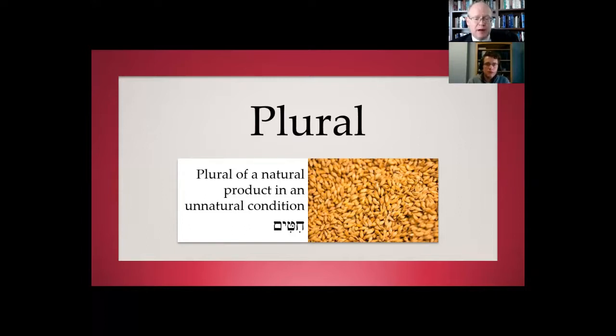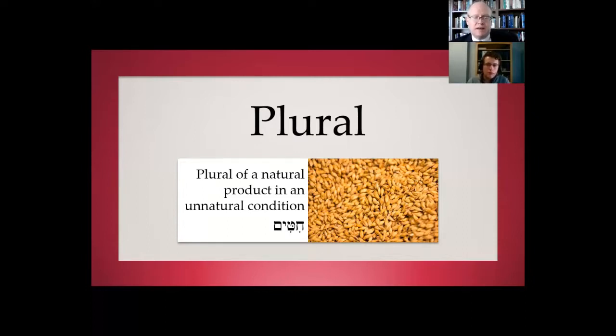So think of wheat. Where does wheat occur naturally? Well, it occurs naturally attached to a stalk in the field. When wheat is harvested and removed from the stalk, then each of those kernels is aggregated, and that aggregate product of all the individual kernels is called hittim. Hittim does not mean many stalks in a field. It always refers to this product.